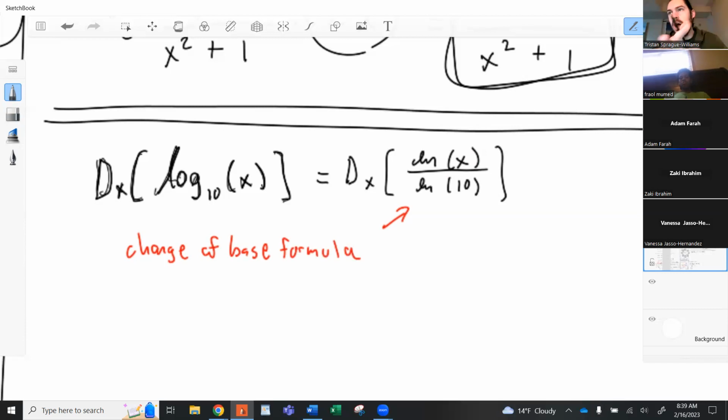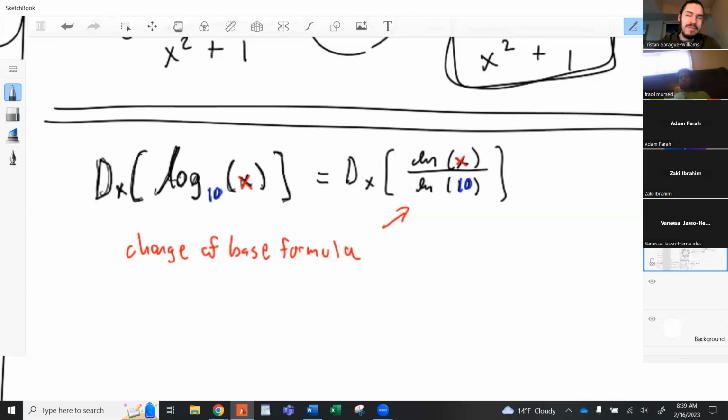You can write any logarithm with any base in terms of any other logarithm with any other base. To convert from base 10 to base e, the natural log, it's the log of the input divided by the log of the original base.